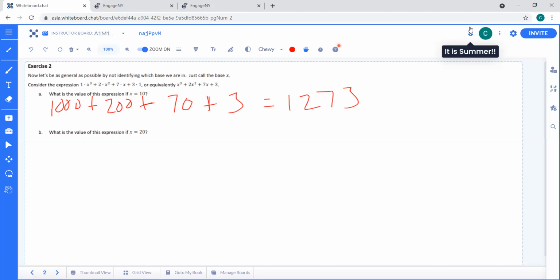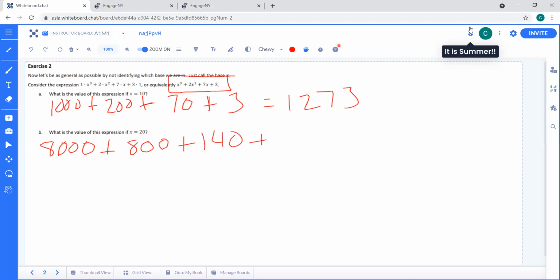What if we plugged in a 20? Once again, what is 20 cubed? Remember, that is going to be 20 times 20, which is 400, times 20 more, that's going to be 8,000. And then we have 20 squared, which is 400, times 2 is 800. 7 times 20 is 140.